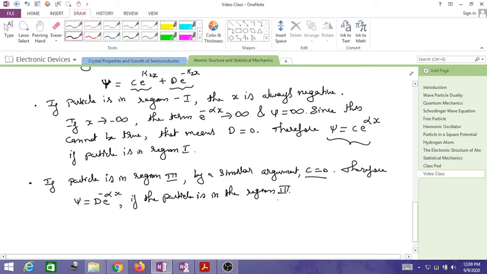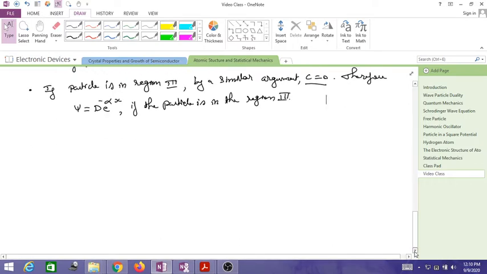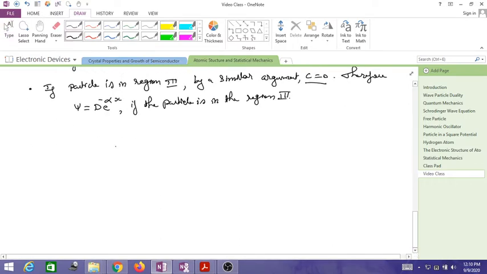Now this is the wave function if the particle is in region 3. Let us write this completely, combining all three wave functions.